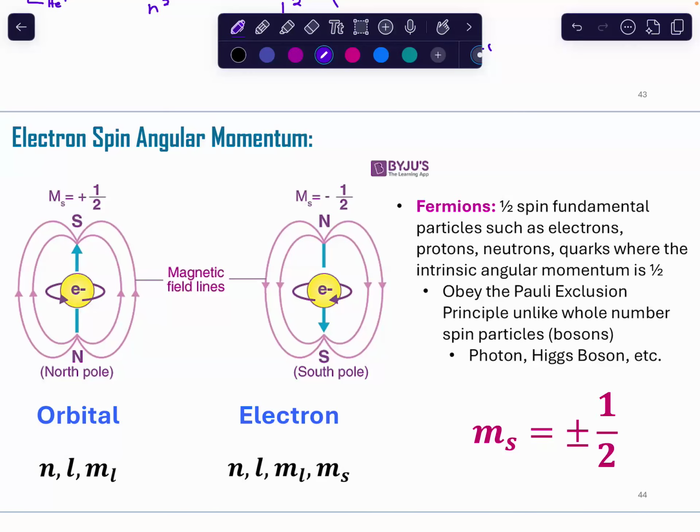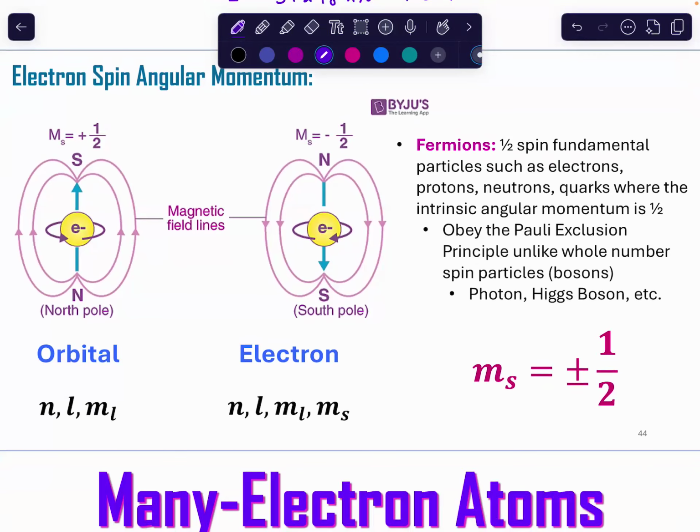Okay, let's go on with our final quantum number, the spin quantum number, m sub s. So we know that electrons can be labeled with spins of a plus 1/2 or a minus 1/2. And because they're 1/2 spin particles, they're known as fermions. These particles obey the Pauli exclusion principle. Your whole number spin particles, like your bosons, do not obey the Pauli exclusion principle.